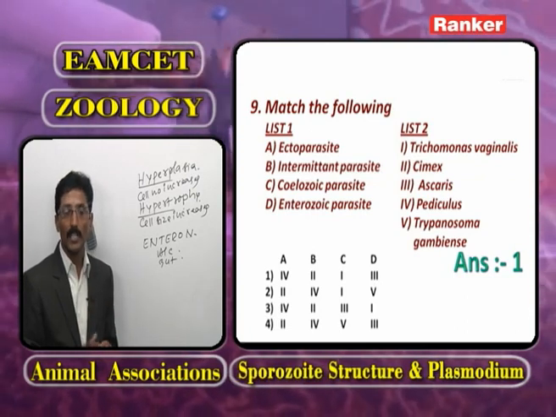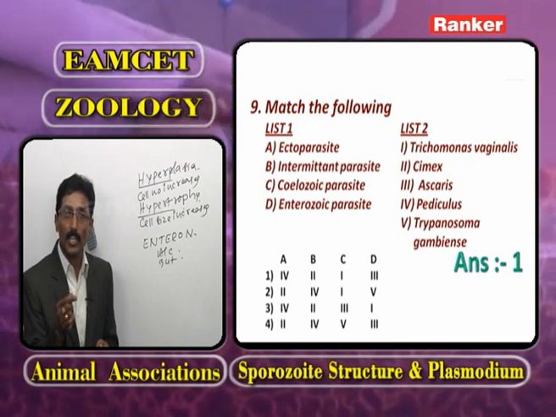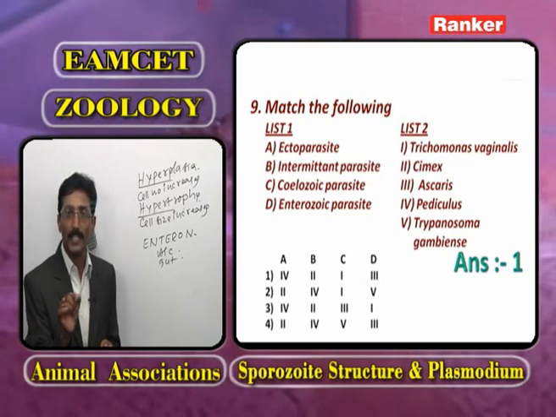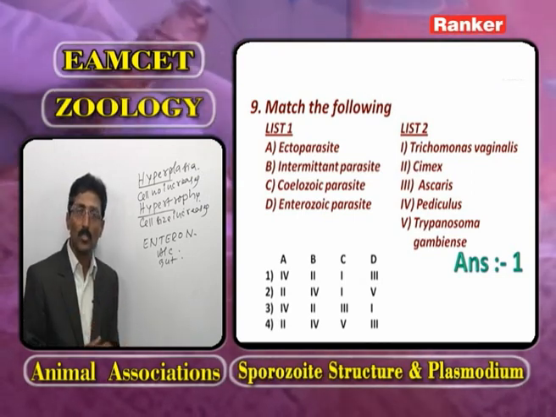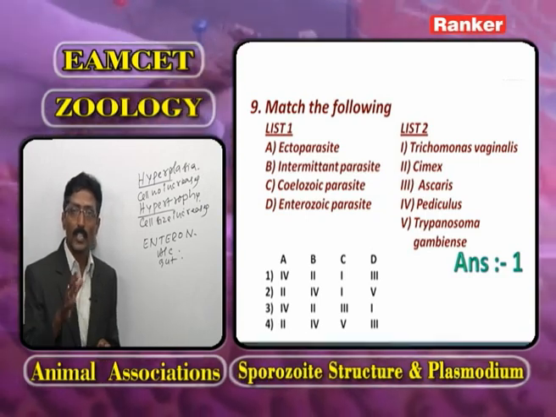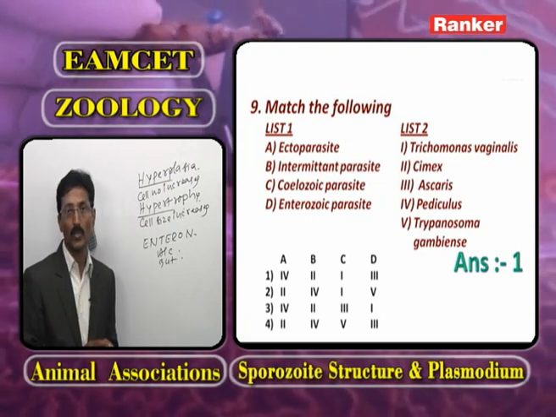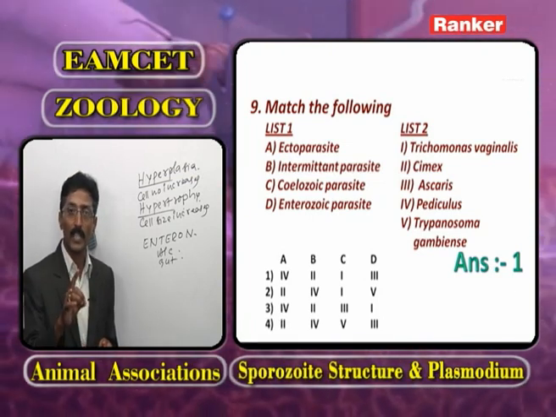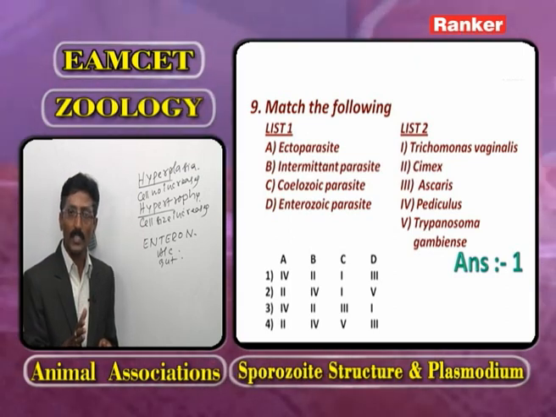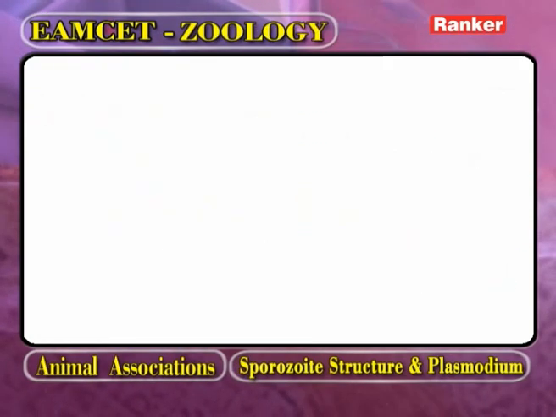Trichomonas vaginalis. What is meant by enterozoic parasite? The parasite lives in the cavity of the alimentary canal. Here the best example is Ascaris. What about Trypanosoma gambiense? That is an example of a histozoic parasite. What is meant by histozoic parasite? The parasite lives between the cells of the tissues. So Trypanosoma gambiense is the classical example of histozoic. Now based on this information, the correct answer is 1. Now we go for the next question.